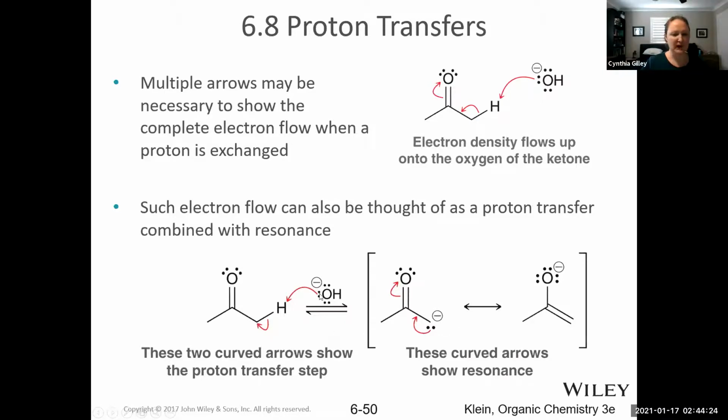Optionally, you could show the hydroxide's lone pair picking up the proton and the electrons from the carbon-hydrogen bond being transferred from the sigma bond to a lone pair on the carbon. And then separate to that, you could show an allylic lone pair resonance pattern to get up to this second resonance contributor. These 3 arrows actually combine this entire process into one step.